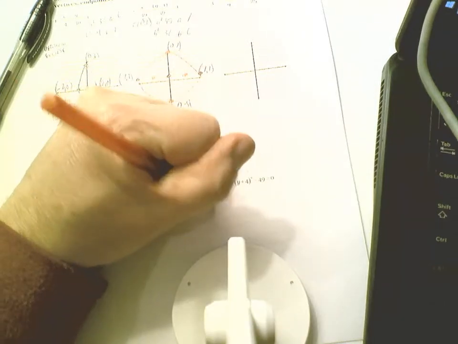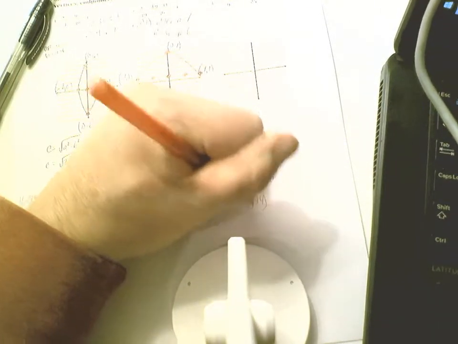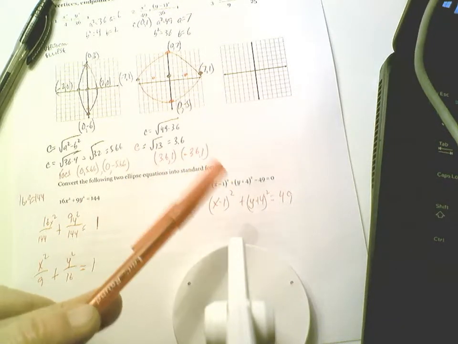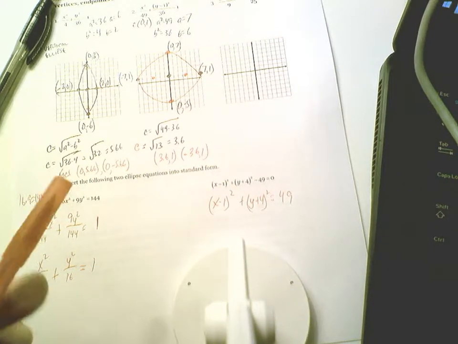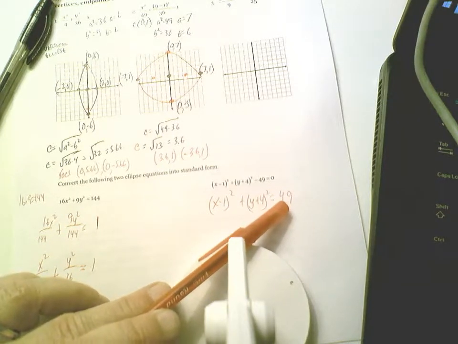Over here, a couple pieces of work to do. X minus 1 squared plus y plus 4 squared equals 49. And by the way, when you stare at that, I hope what you realize is, gee whiz, this looks like the equation of a circle. R squared. Hey, the square root of 49 happens to be 7.